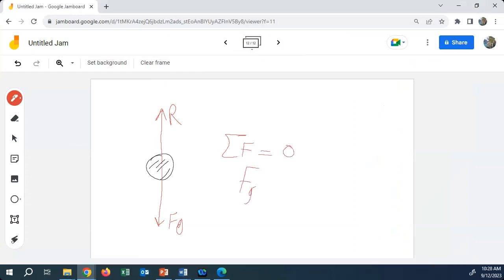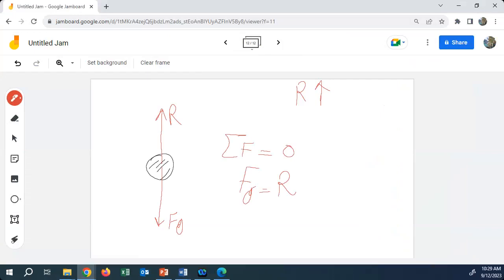What does it mean? It means that Fg becomes equal to R, because R was increasing with velocity. At one point, the force of gravity becomes equal to the resistive force. So the net force is 0. What is Newton's first law? If the object was at rest, it stays at rest; if it moves, it moves with constant velocity. When the object reaches this point, it will be moving with constant velocity.